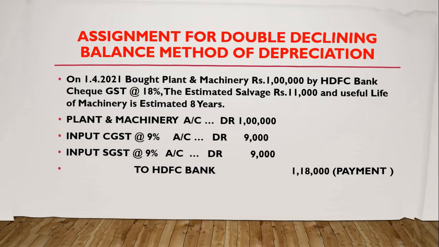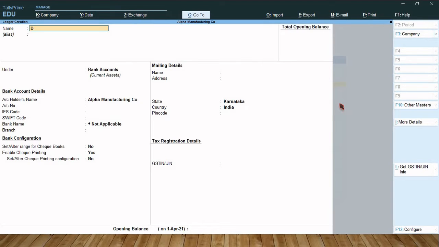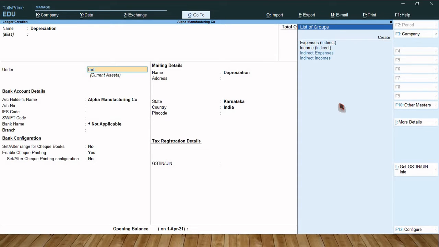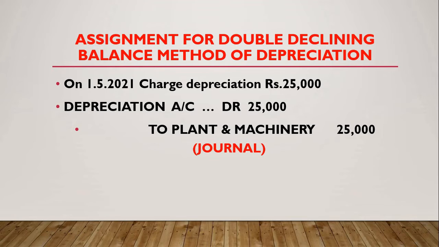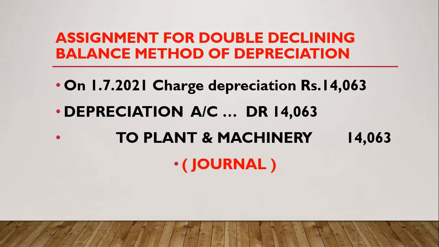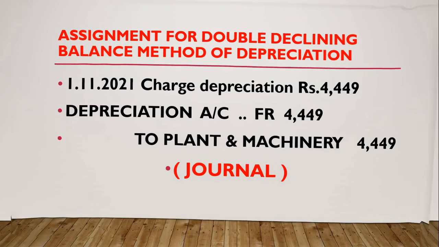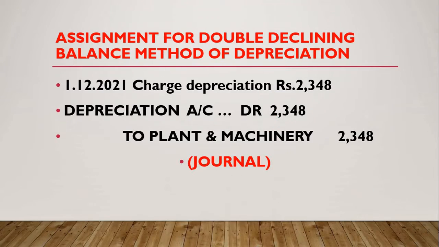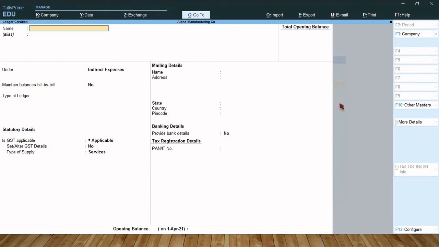So next ledger, depreciation, under indirect expenses. So last one, salvage charges or salvage values.